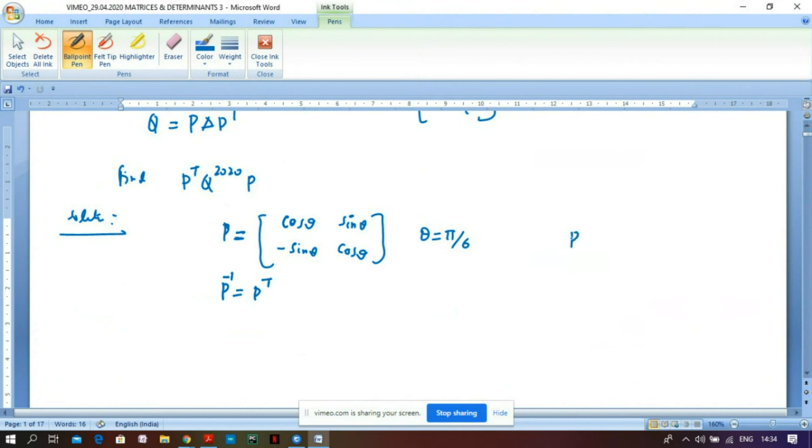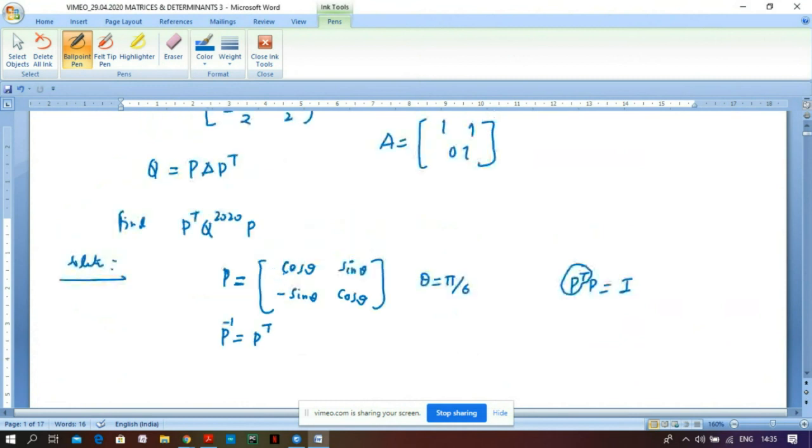To remind you, P transpose P equal to I was the definition of an orthogonal matrix: if there is a matrix P such that P transpose P equals I, then P is orthogonal. Of course, here we can multiply and find it is orthogonal. And as a bonus, if P is orthogonal, then its inverse is very easy. It's just P transpose, so P inverse is P transpose.